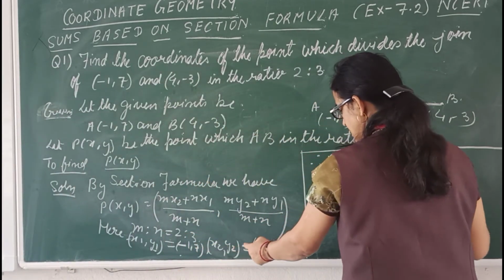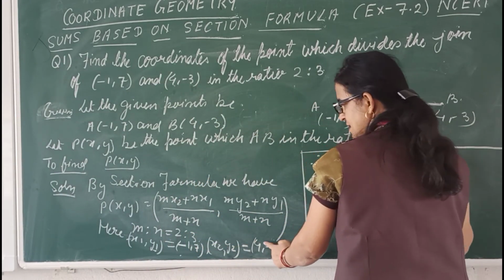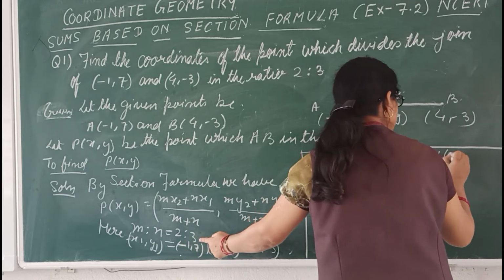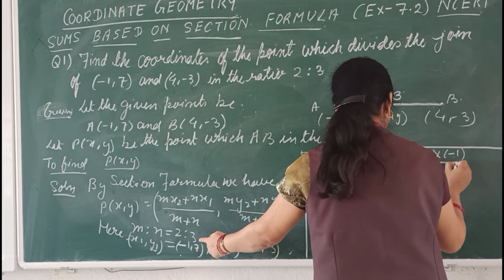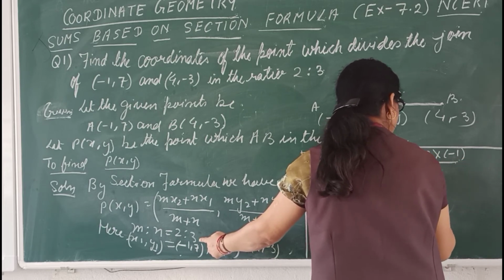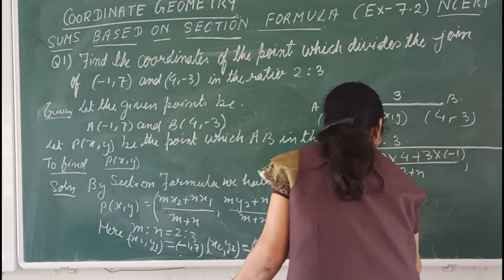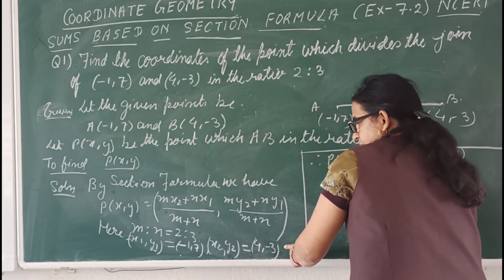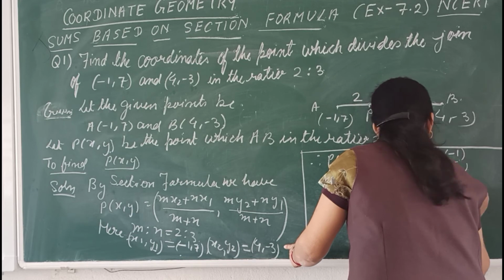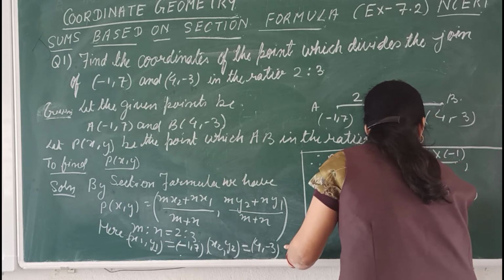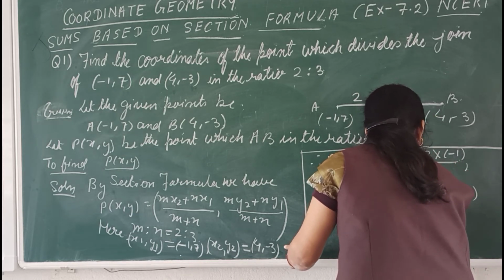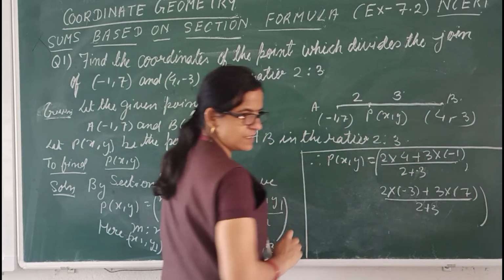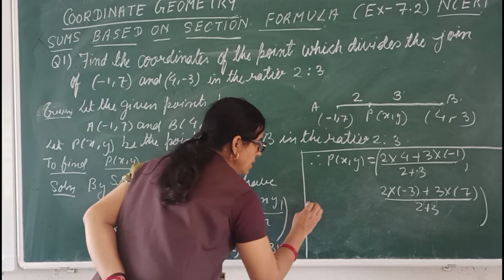So m x2 plus n x1, x1 is minus 1, by m plus n, comma, again m y2 plus n y1 by m plus n. So the coordinates are this. The rest is to calculate only.